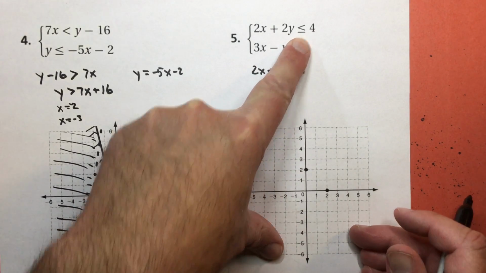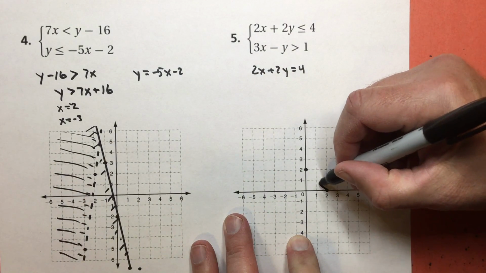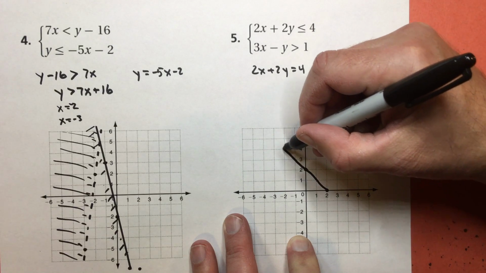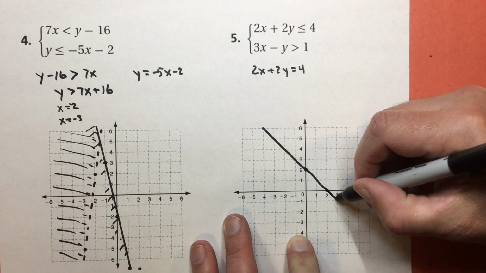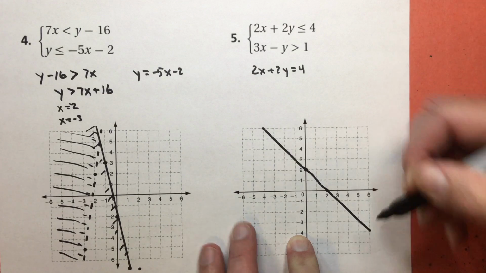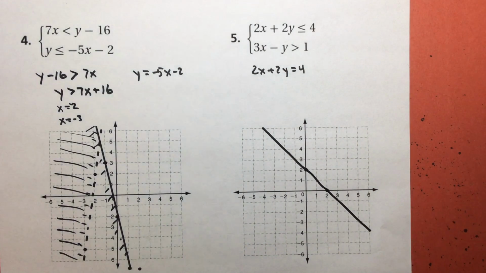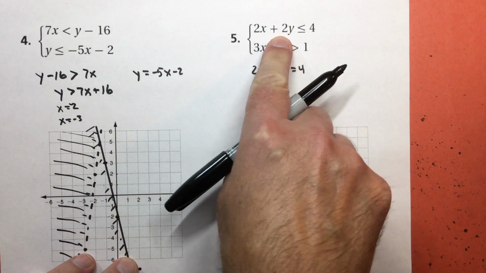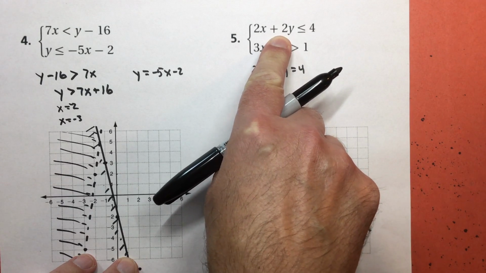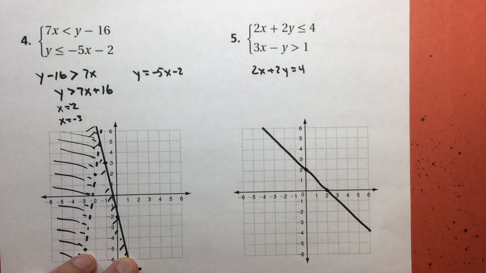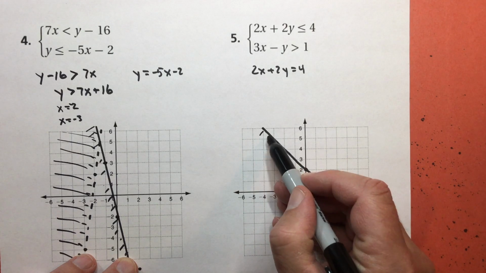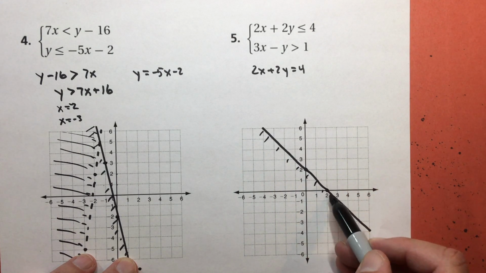And it's a solid line. So I'm going to draw my solid line right through here. And again, you can convert it to slope-intercept form, or you can pick a point on either side. This one looks like I'm going to be shading below it.